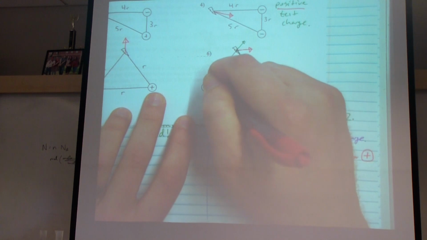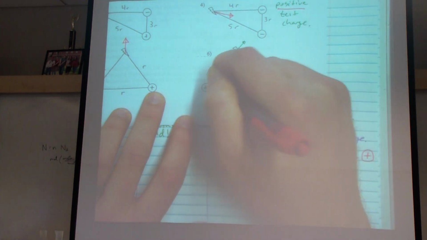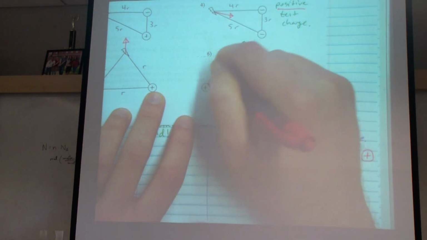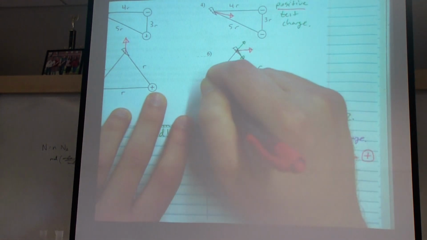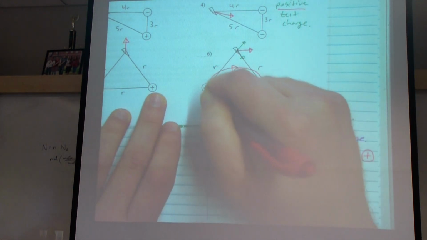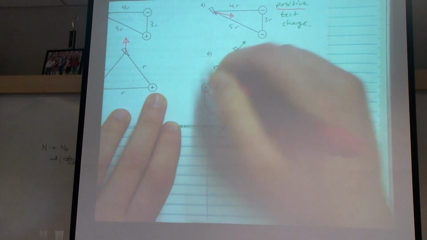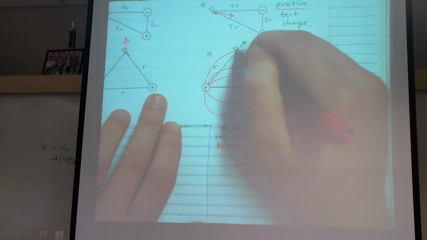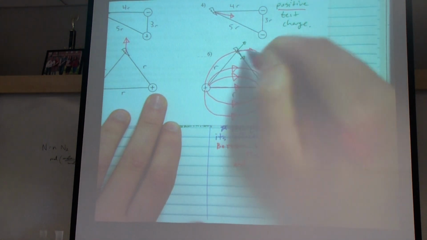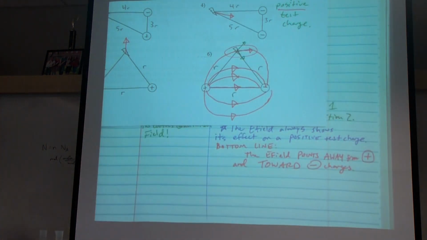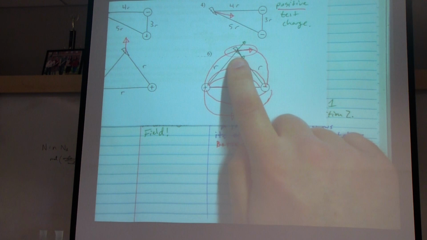Well, everywhere it's pointing away from the positive and into the negative charge like that. The electric field's actually everywhere. And it's pointing like that, and when it comes up here, it goes like that. And we were just zooming in and looking at one particular point of the electric field. I hope that makes sense to you.